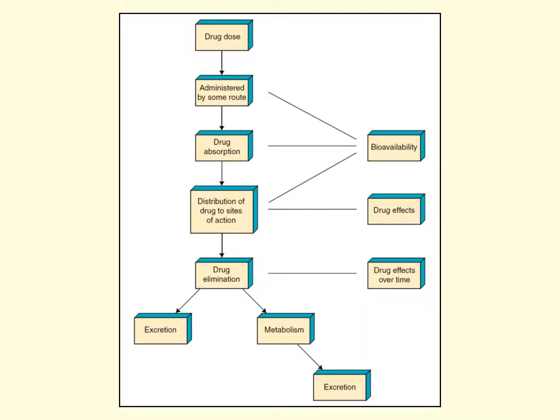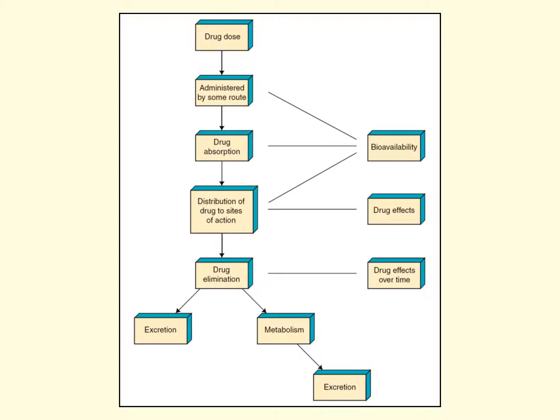Okay, so I've talked about a few high points or important features of pharmacokinetics: routes of administration, drug absorption and distribution, and then a little bit about elimination. This is a graphic from a textbook that I used to use.